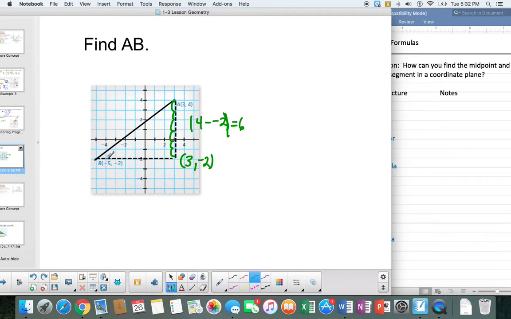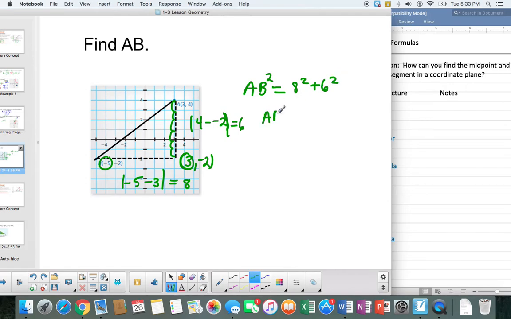Now we can take the x's and we can take the absolute value of their difference, and this answer will be equal to 8. Or you can just actually count all the units and see that it's 8. Okay, when this is done, we have a right triangle and we can actually find AB, which is the hypotenuse. AB squared is equal to 8 squared plus 6 squared.